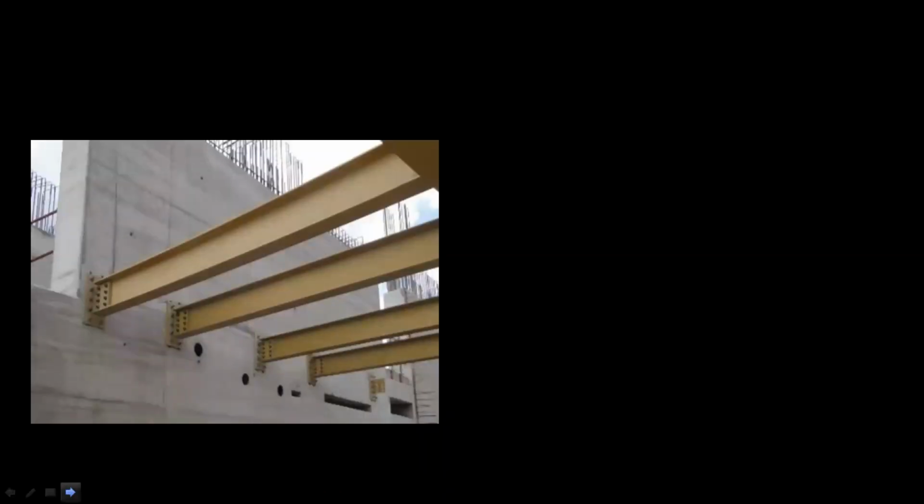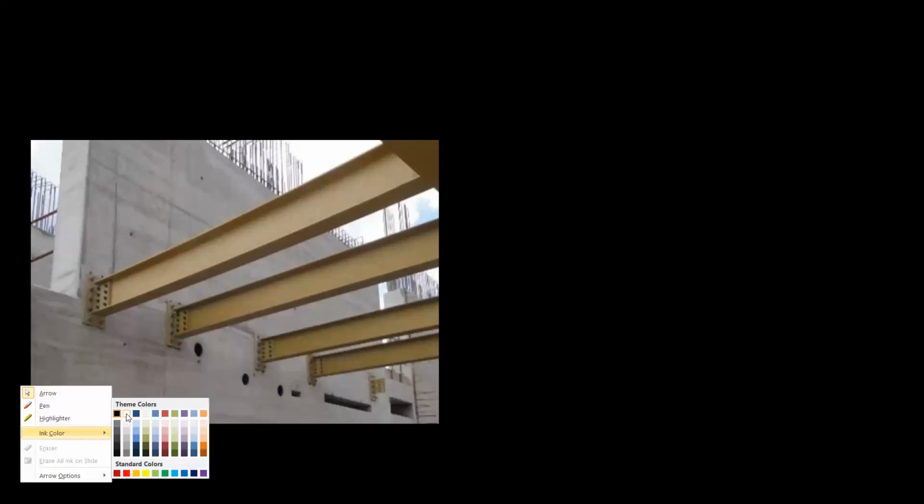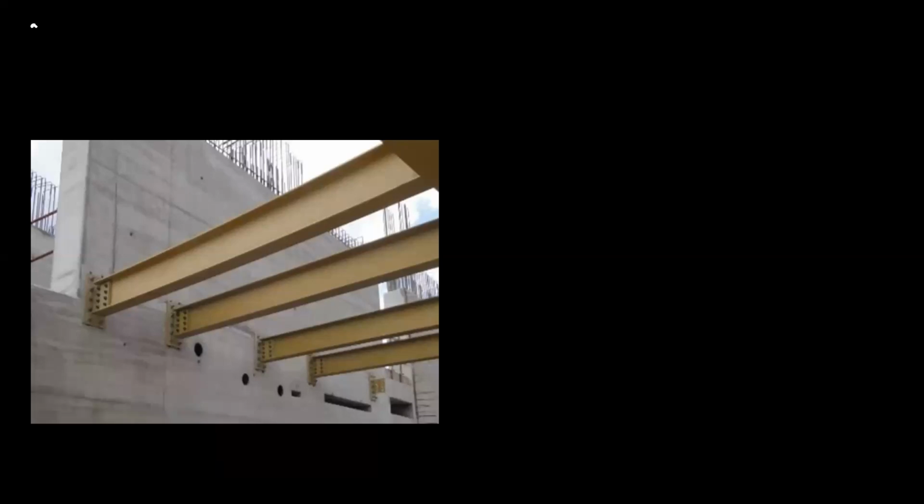And next type of support is the fixed support. So fixed support means the member will be completely fixed with its surrounding. That is called a fixed support.